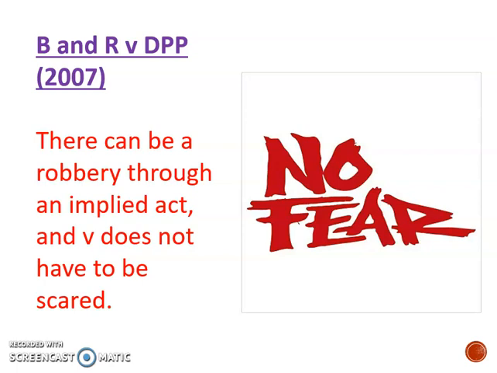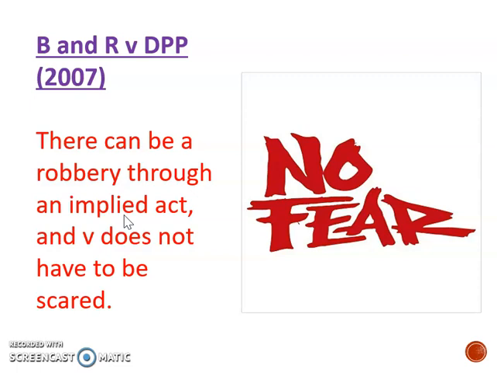Now, what the court said in this case was that there can be a robbery through an implied act. So a bit like I gave you with the Arnie example, the conduct here of surrounding this boy, a big gang of people surrounding him and demanding things, can amount to an implied threat.